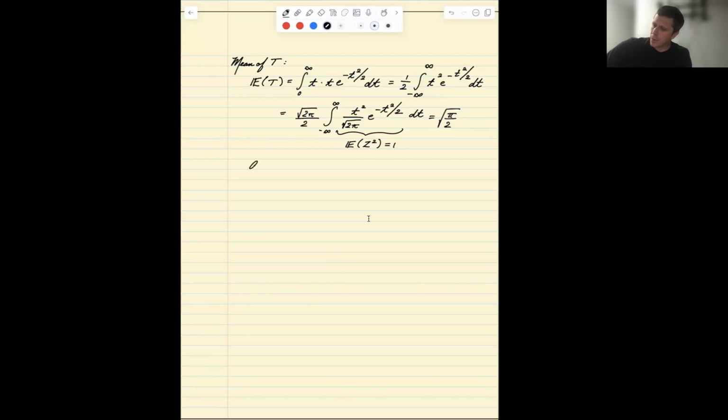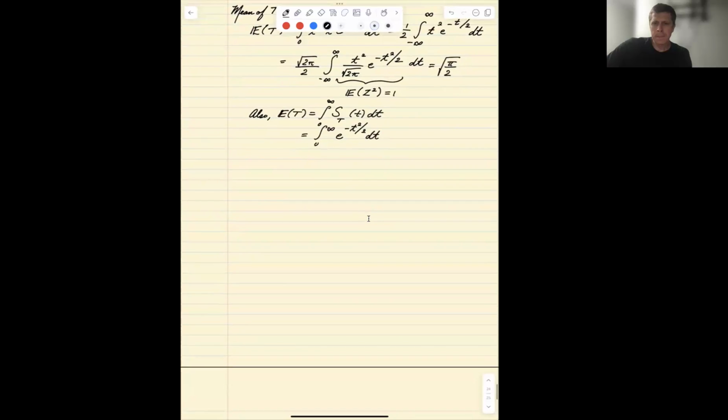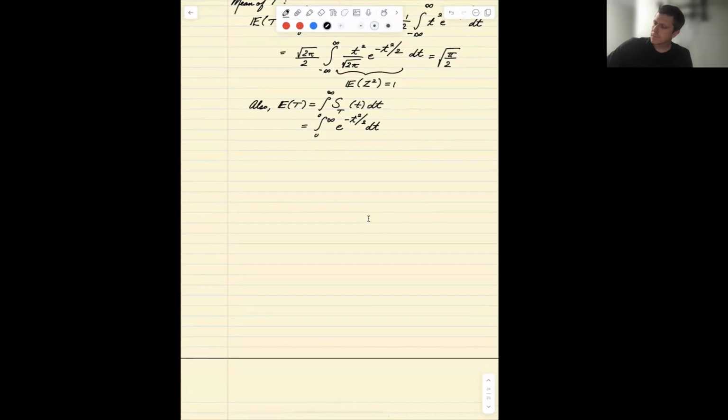Another way to do this would be to integrate the survival function. So for non-negative random variables, remember we can compute the expectation by integrating the survival function over all possible values. The survival function in this case is e to the minus t squared over 2 dt. Okay.